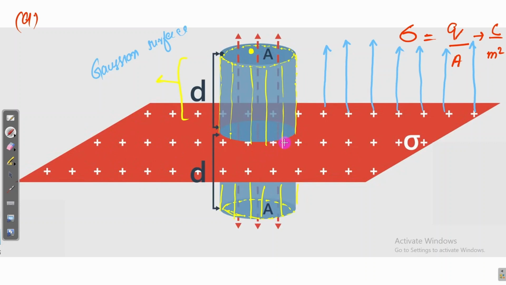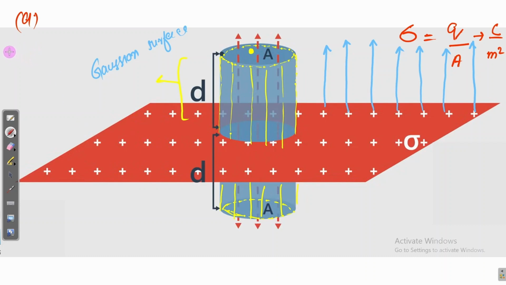There are electric field lines originating from this sheet, so a number of electric field lines will interact with the upper area, and also with the lower area. The flux through the upper area, the lower area and the area of this cylinder is determined by the Gauss law.